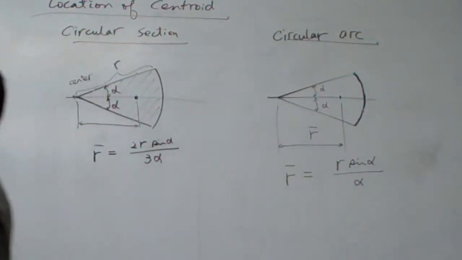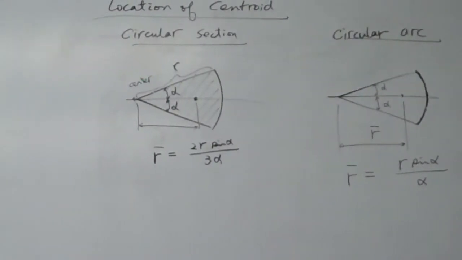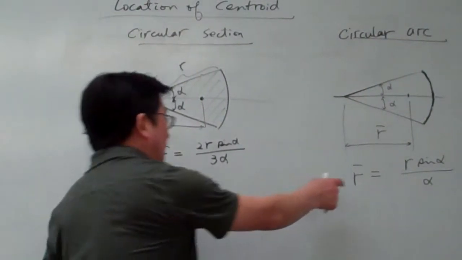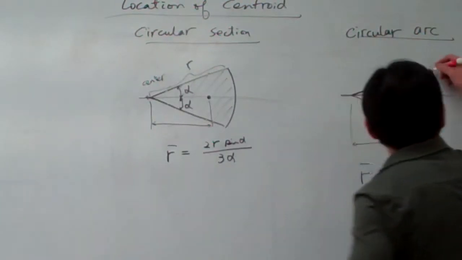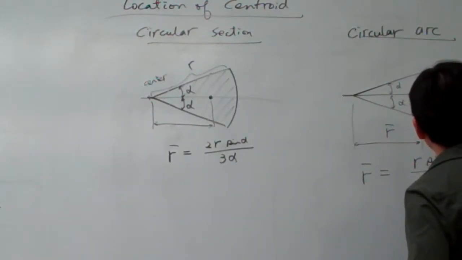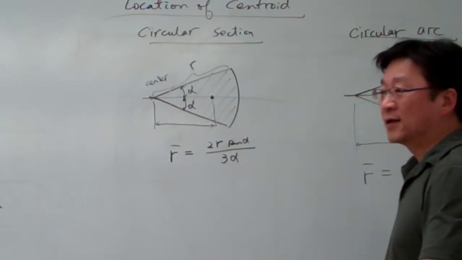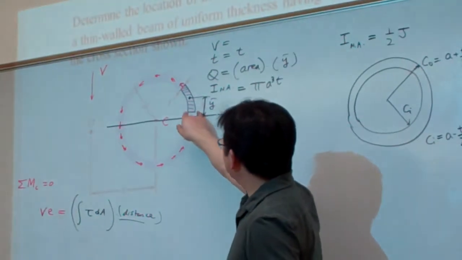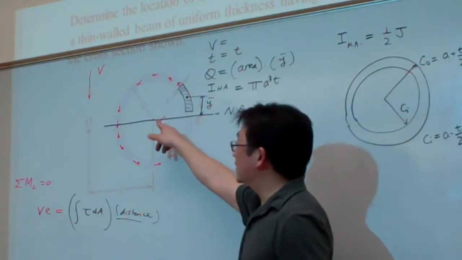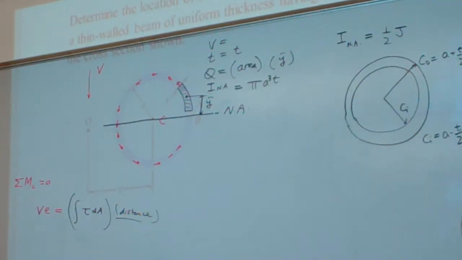For our case, I follow the publisher's solutions since they pick up this formula. They assume that T is very, very thin compared to A. If T is thick enough to make this thickness dimension comparable with A, then we have to pick this formula.